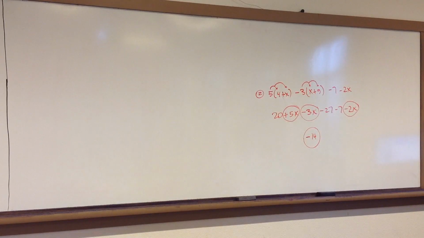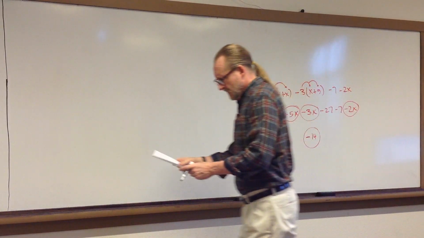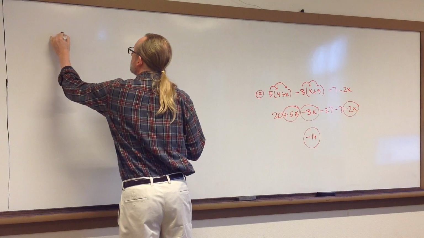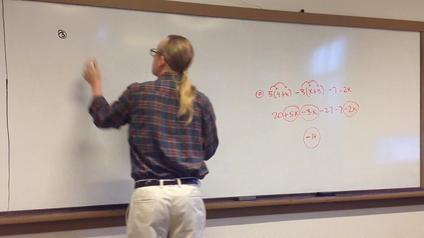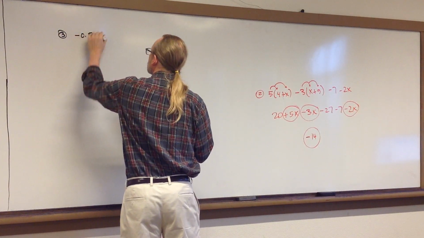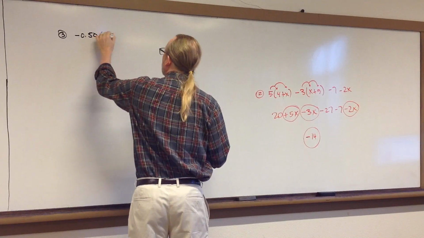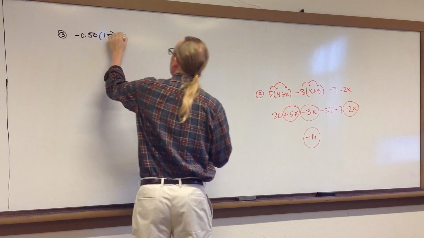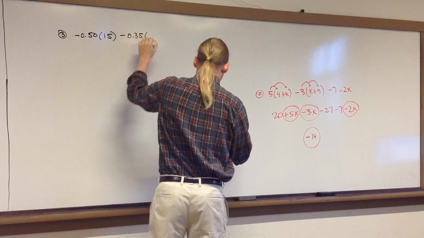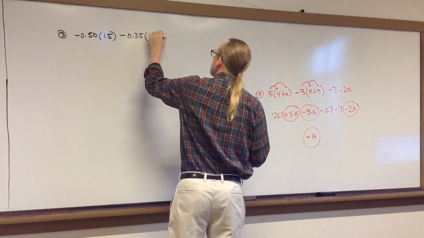Now, problem 3 is an equation. You can see the equal sign there, and we need to solve this and find the value of x that makes it true. So negative 0.5 times 15 minus 0.35 times x plus 5.